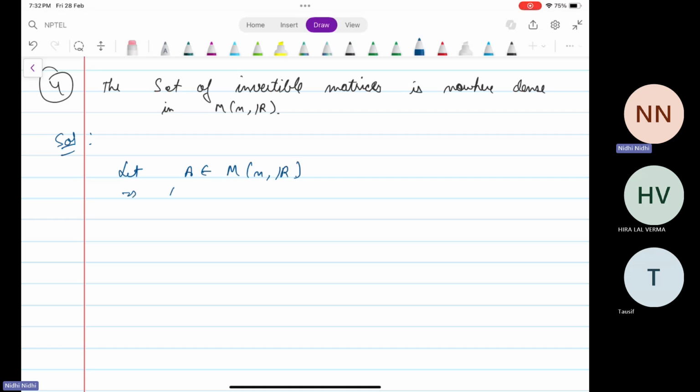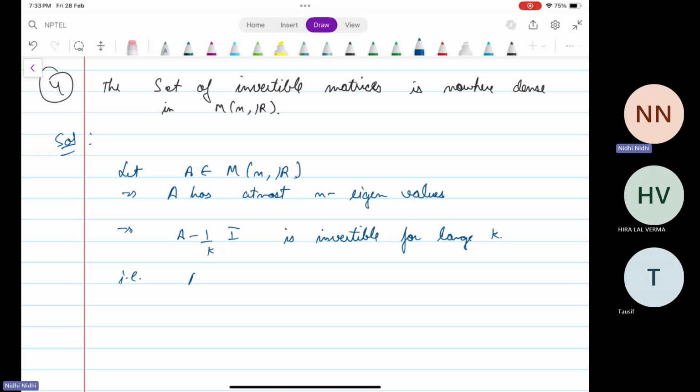This implies A has at most n eigenvalues. That means A minus 1 by k times I is invertible for large k.